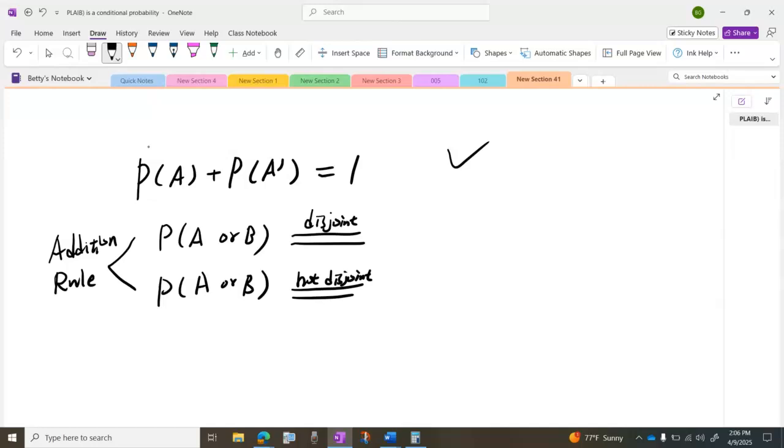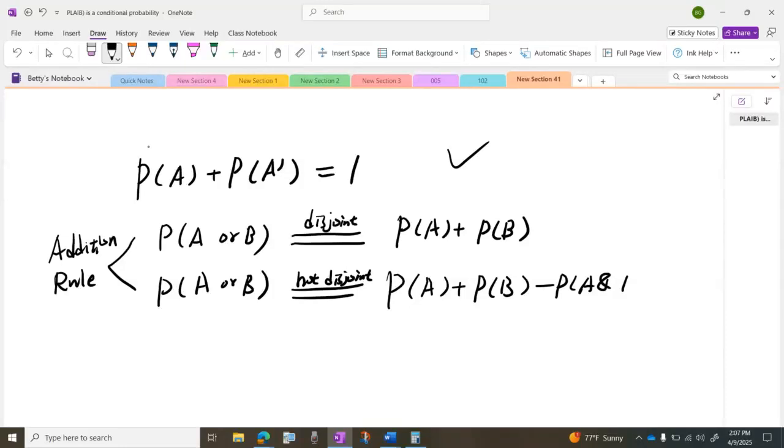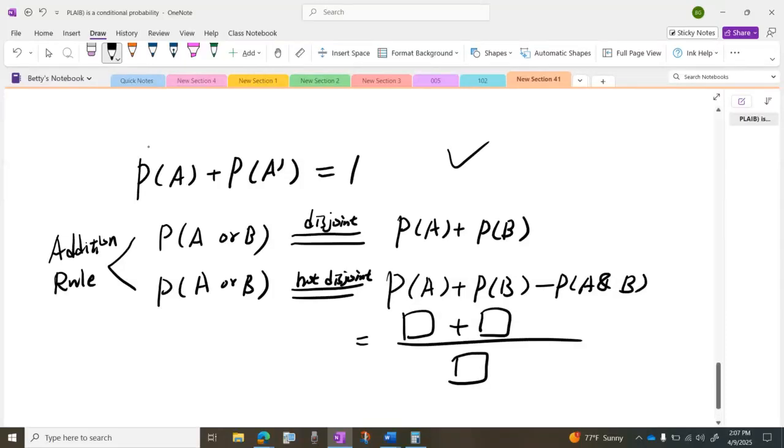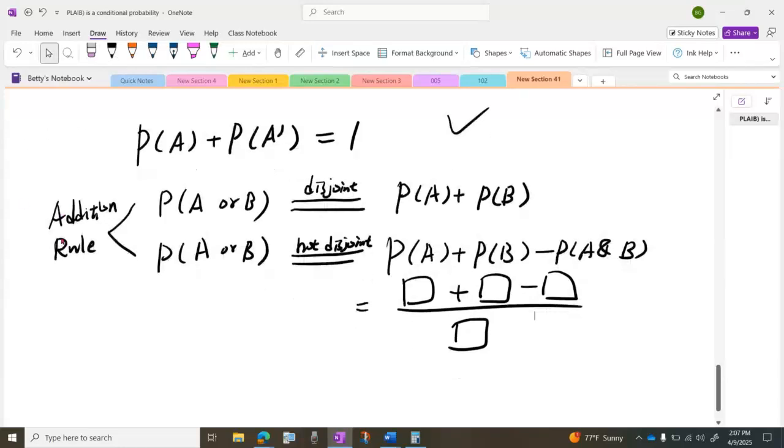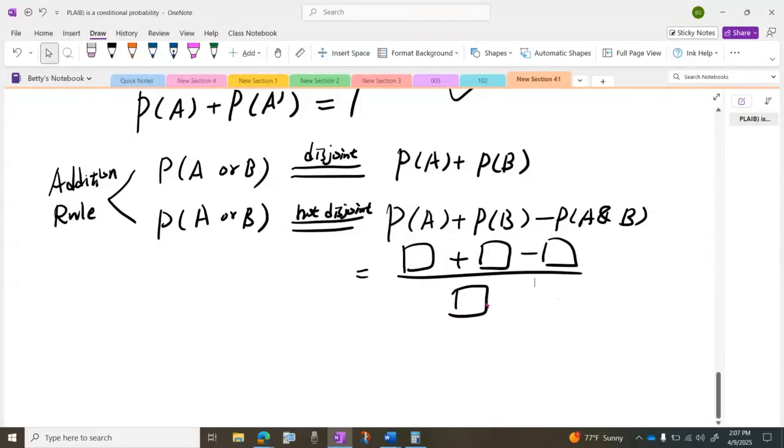If A and B are disjoint, then P of A or B is P of A plus P of B. In the case the two events are not disjoint, P of A or B is P of A plus P of B minus P of A and B. And I gave you a structure and showed you how to apply it, right? So you write that structure on your scratch paper, find the numbers, and put them in the cells. So we covered that addition rule.